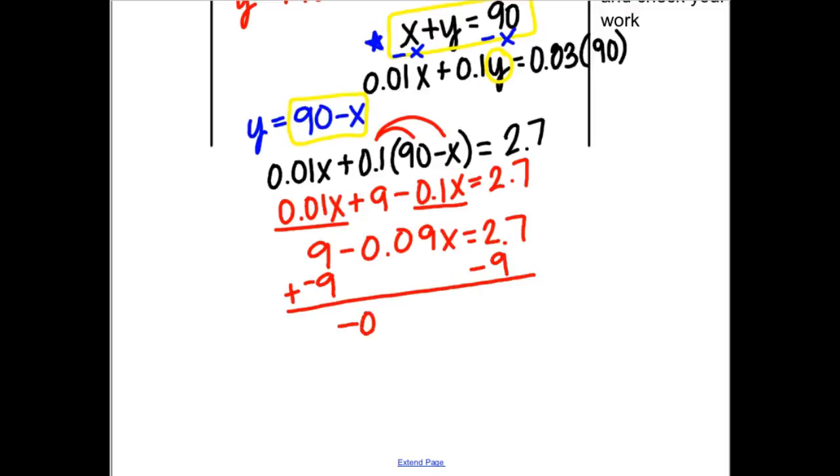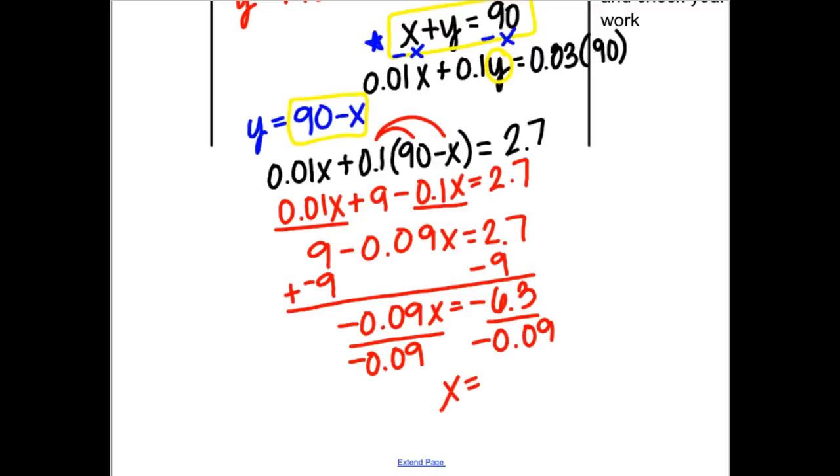And we get negative 0.09x equals 2.7 minus 9, which is negative 6.3. So then I can divide negative 6.3 by negative 0.09, and I get x equals 70. So that means 70 milliliters.